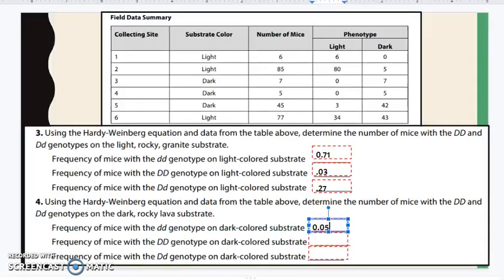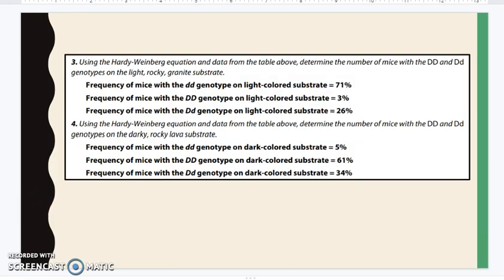Okay, so if we go back here, I did that backwards, I'm sorry. So here we have our 0.61 for the homozygous dominant, so 61% of the mice trapped there. And then for the heterozygous, we have about 34% frequency. And then here is the answer key.